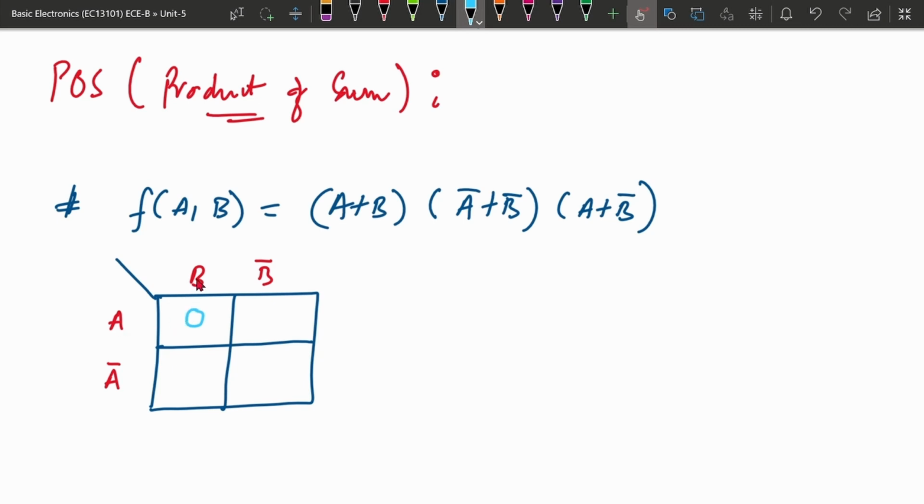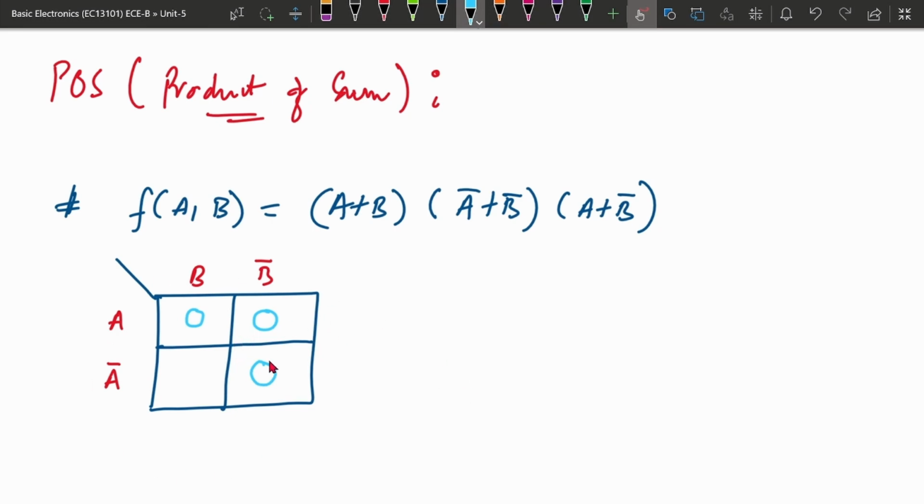So A plus B will be 0. Instead of 1, which we were writing in sum of product terms, now in product of sum we will be writing 0 instead of 1. Okay. So A bar plus B bar is this one, so we will write 0. A plus B bar is this one, so we will write 0 here.